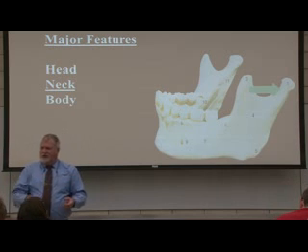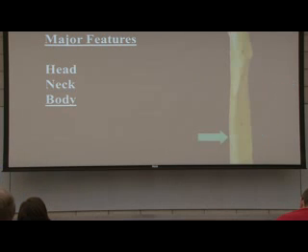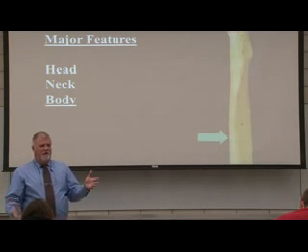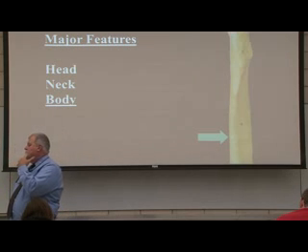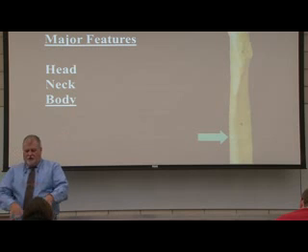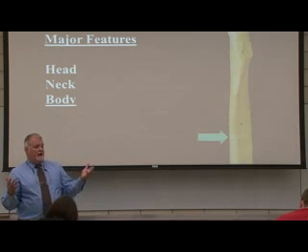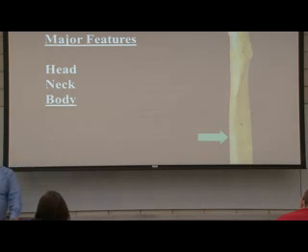Then, generically, the biggest part of the bone can be referenced as the body. We did it yesterday in lab with the mandible, saying this portion is the body. On any long bone, the middle portion we can just refer to as the body. So you end up with a head, neck, and body on the bone.